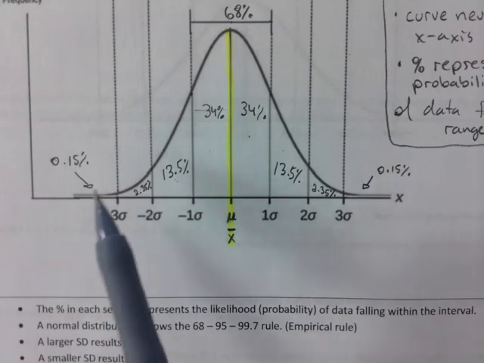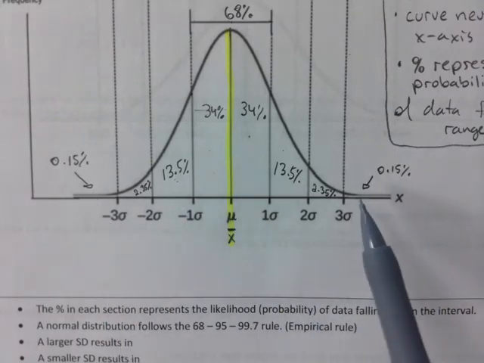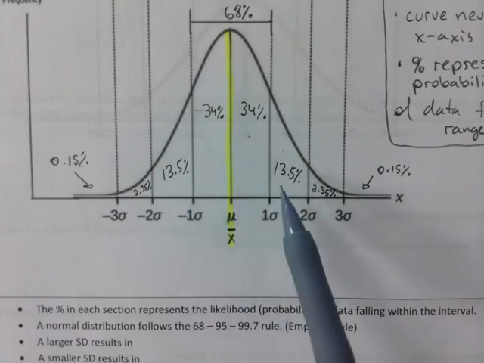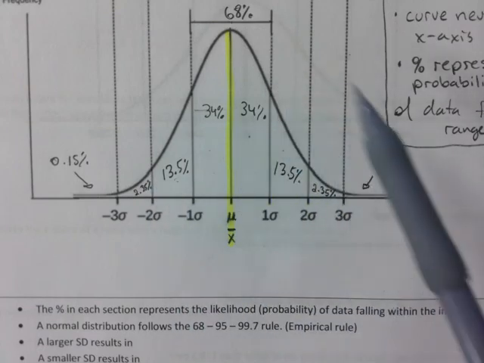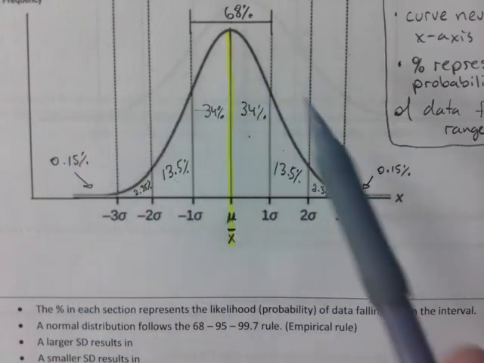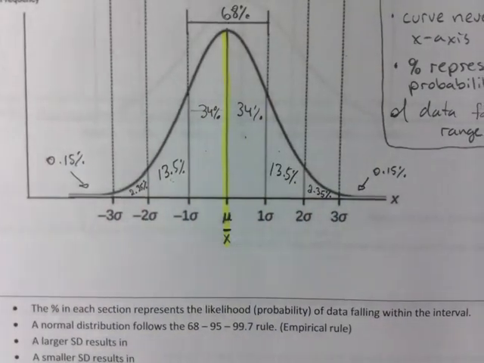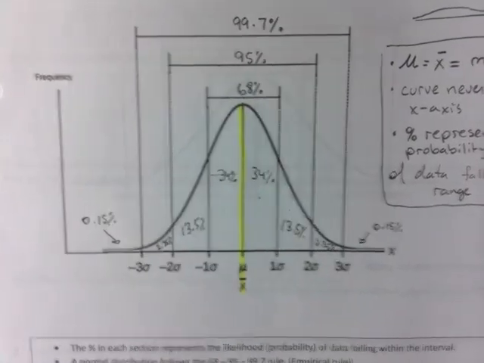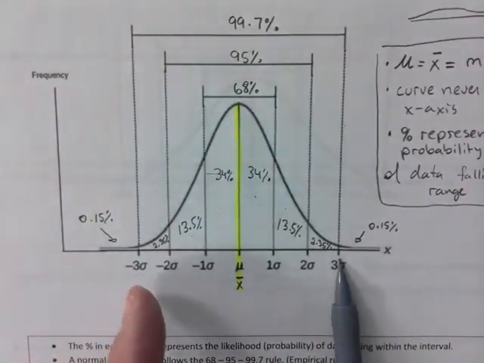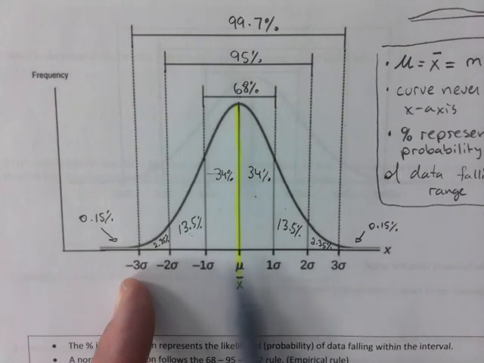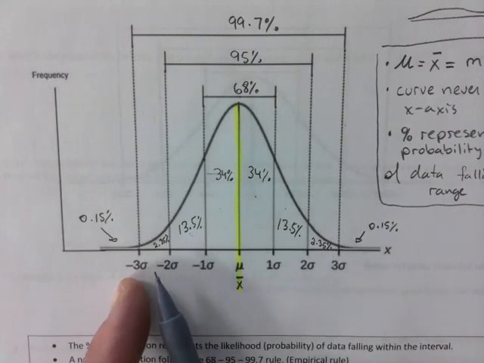If you add up the tails and everything in between, that is 100% of our data, right? So 100% is the whole bell curve, but most of our data falls within 3 standard deviations, like from here to here, okay? So that is 99.7%.